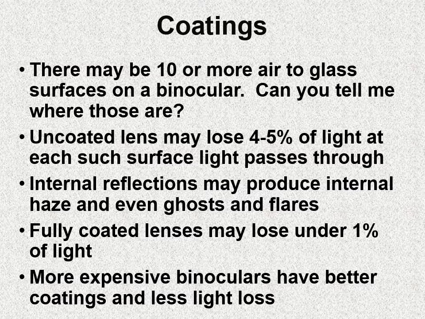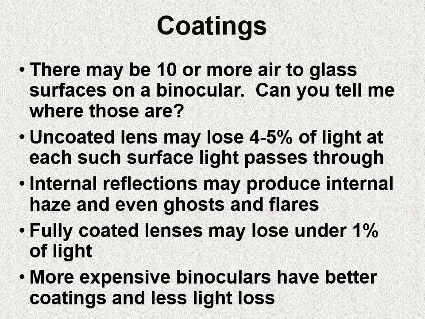One thing that may be on your binoculars is something called a coating. And there may be 10 or more added glass surfaces on a binocular. Can you tell me where those are? I mean, there are 2 prisms, that's 4 surfaces on one of the telescopes, and it goes up from there. Uncoated lenses lose 4 to 5% of the light that hits each surface.